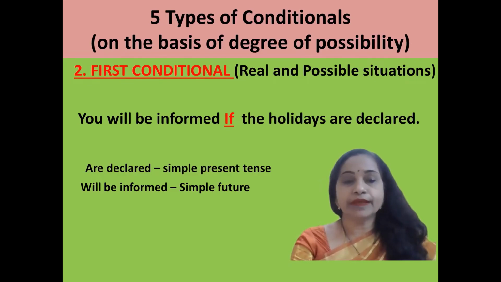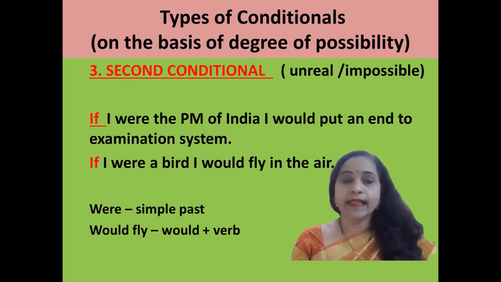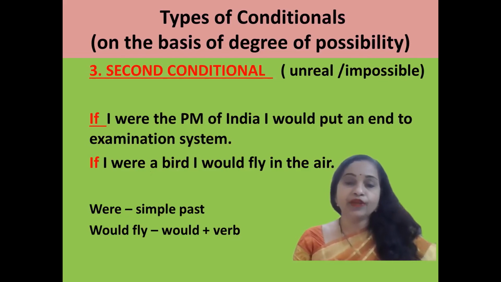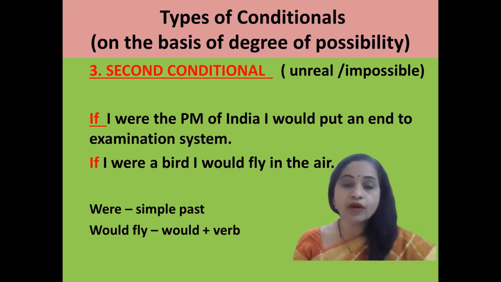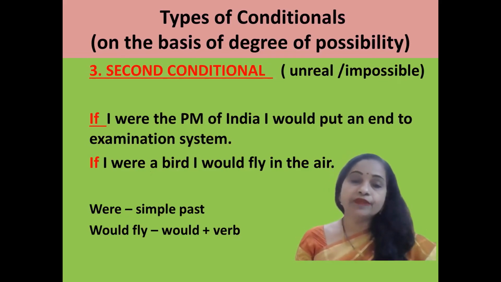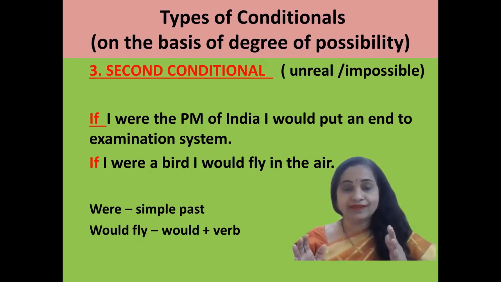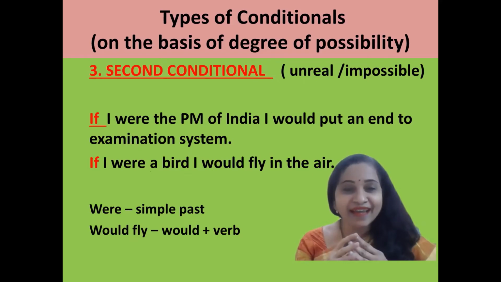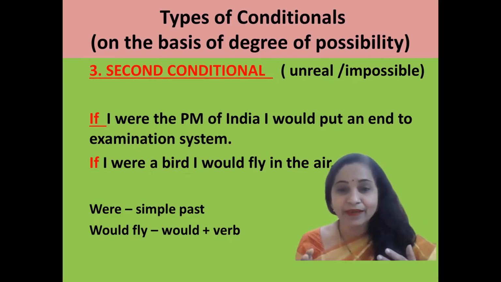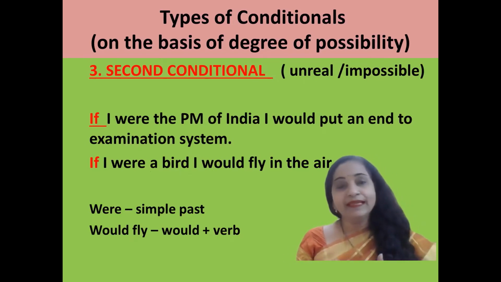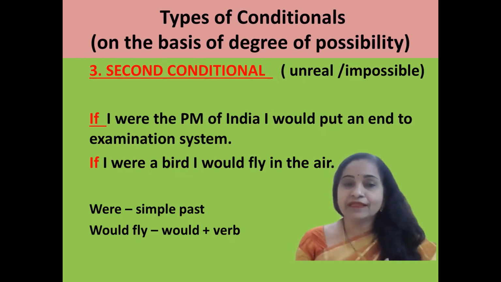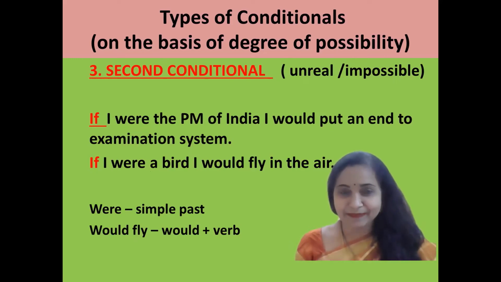Moving on to the next type, the second conditional. Many grammarians call it the second conditional, which is related to unreal and impossible conditions. So these conditionals are unreal, which will never happen. At least at the time of speaking, they cannot be real. For example, if I were the Prime Minister of India, I would put an end to the examination system.